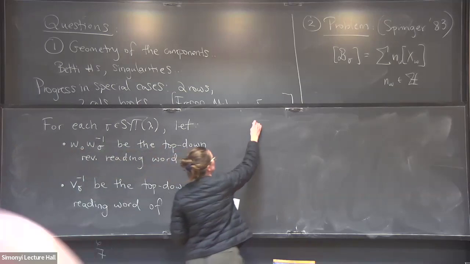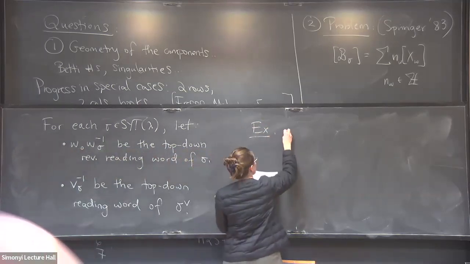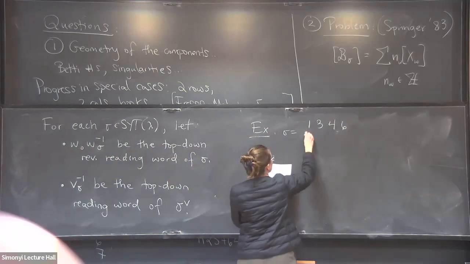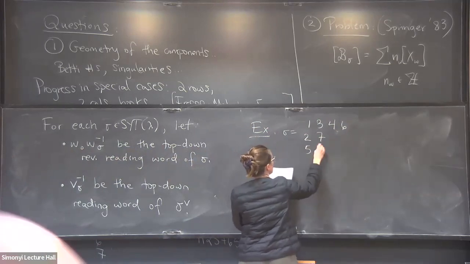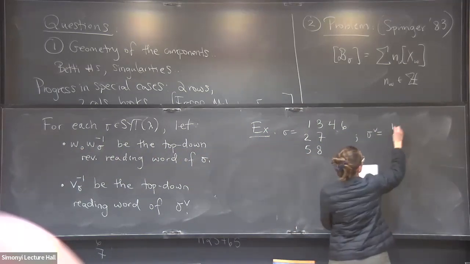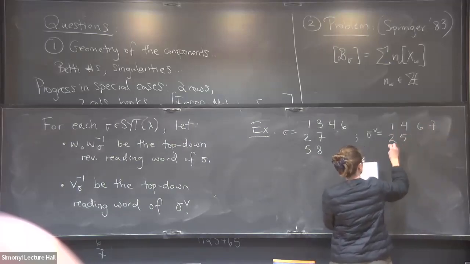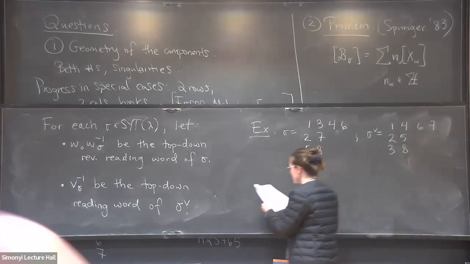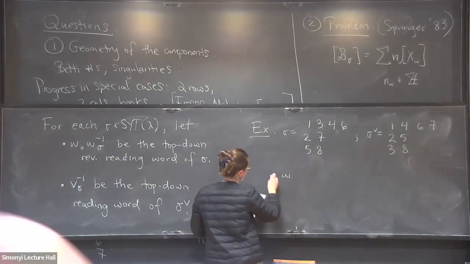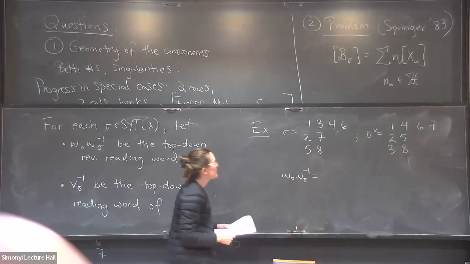Let me show you a quick example. So here's sigma: 1, 3, 4, 6, 2, 7, 5, 8. Here's the evacuation. So what is W naught W sigma inverse?